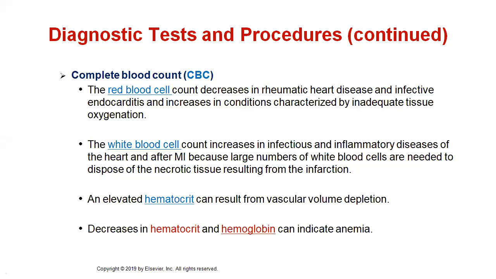If hemoglobin goes down, hematocrit also goes down. So in case of anemia, hemoglobin goes down, hematocrit goes down. But in case of vascular volume depletion, as I said, the hematocrit will be increased, right?